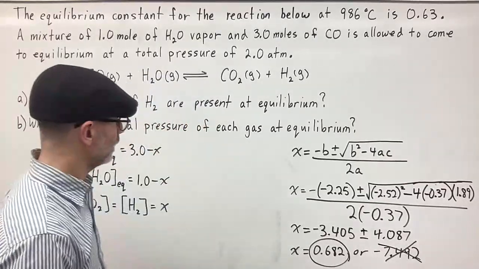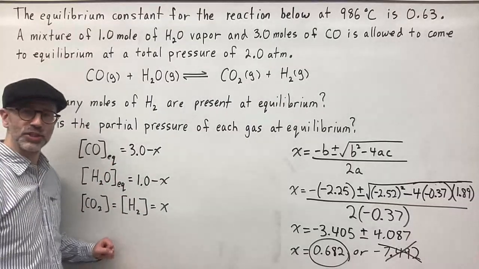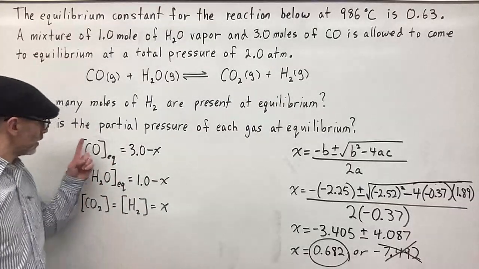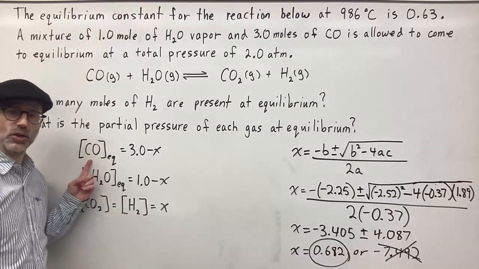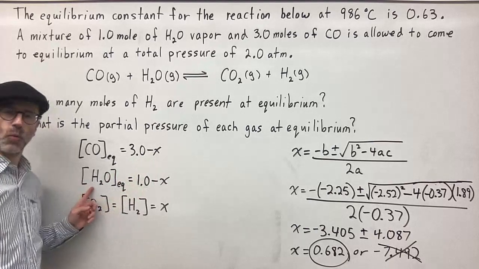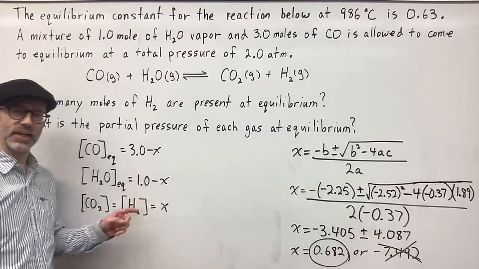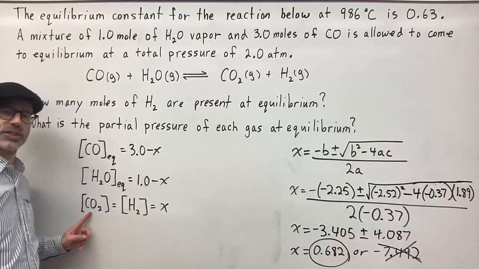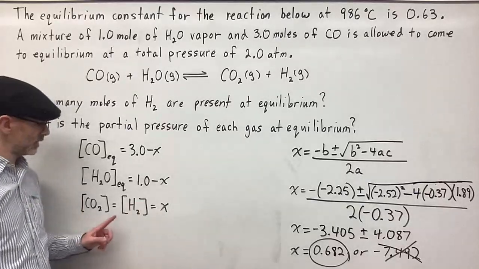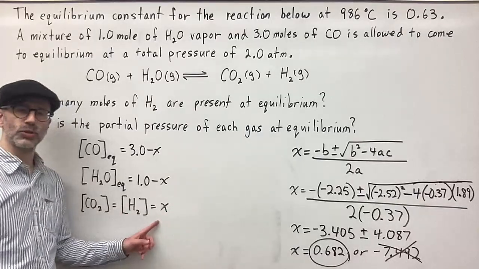Okay, so here we are with our equilibrium expressions in terms of x. If you remember, the concentration of CO at equilibrium was 3.0 minus x. The water vapor concentration at equilibrium was 1.0 minus x. And the concentration of CO2 is equal to the concentration of H2, which both of them were equal to x.